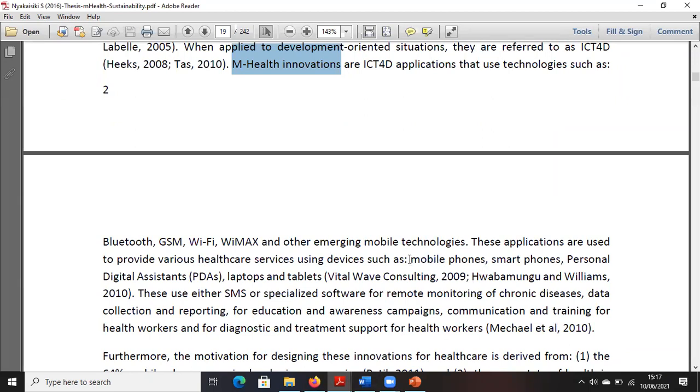And they gave examples of mobile phones, smartphones, PDAs, laptops and tablets. So these are two different works. This is not a direct quote. I'm simply paraphrasing, but I cite them.